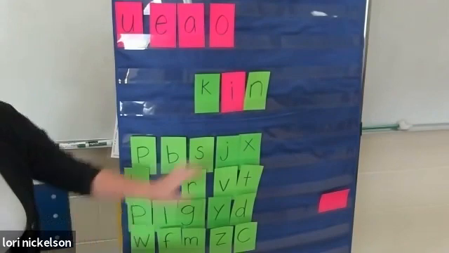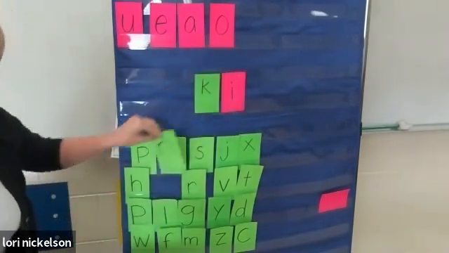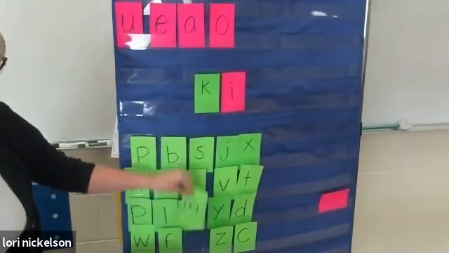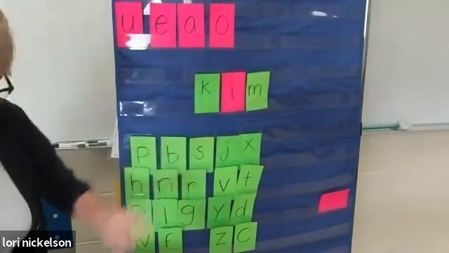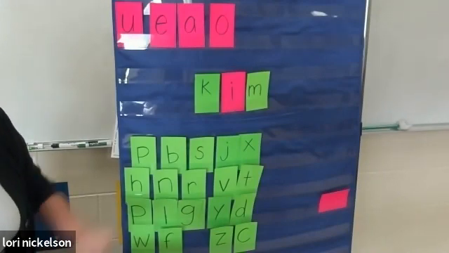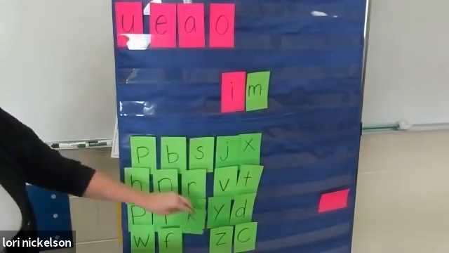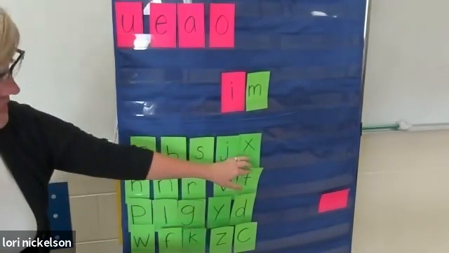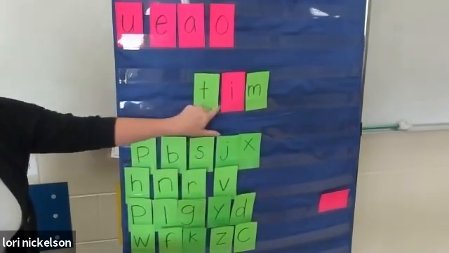An M, because I'm going to replace the last letter with an M. Good job, Kim. Oh, what if I want to make Kim into Tim? What letter am I going to change? The K, the beginning letter. Good. And I'm going to change it to a T for Tim.